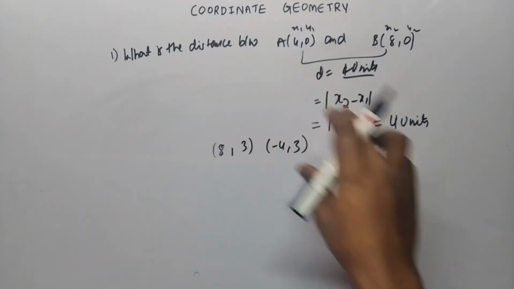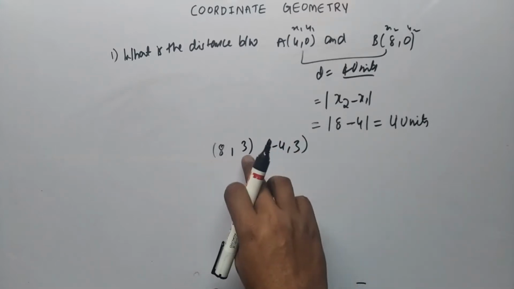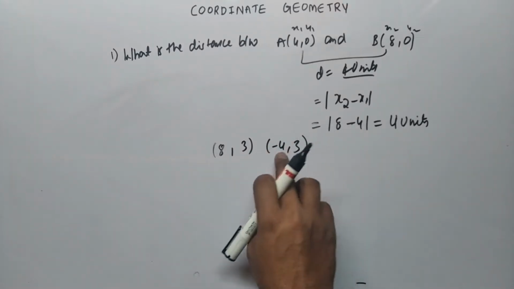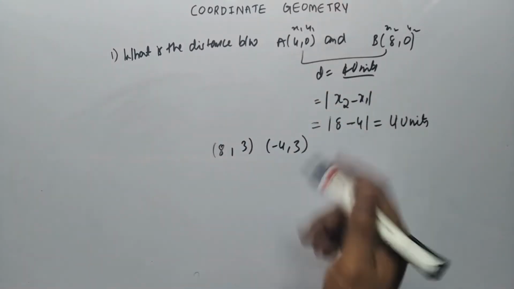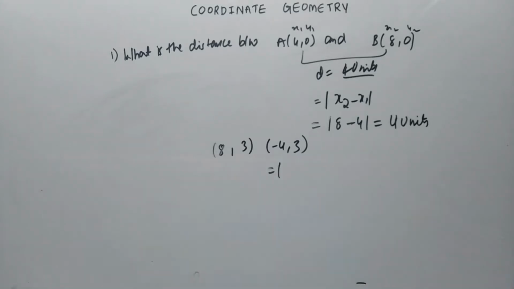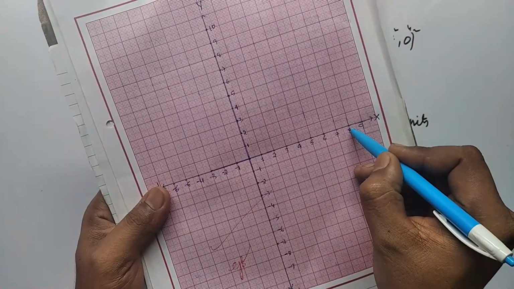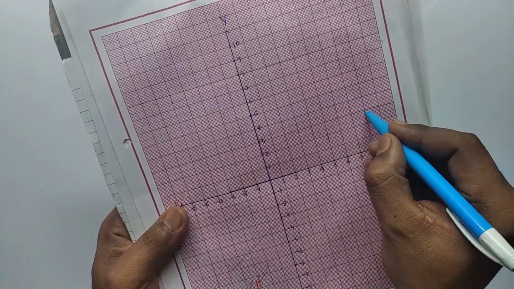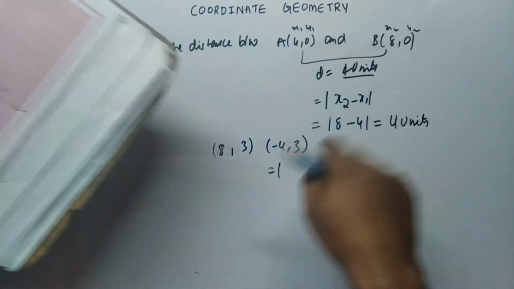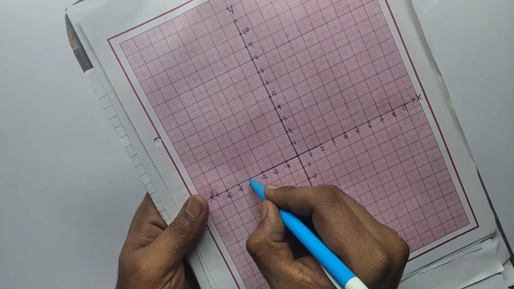As I told you, if the y-coordinate is the same, you need to subtract only x. The formula we wrote is nothing but the graph method. If you do this, the first point is 8 comma 3, so this is my point 8 comma 3, and the second point is minus 4 comma 3, so this is minus 4 comma 3.